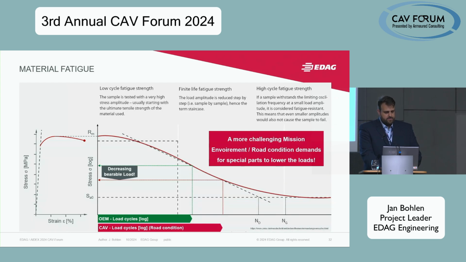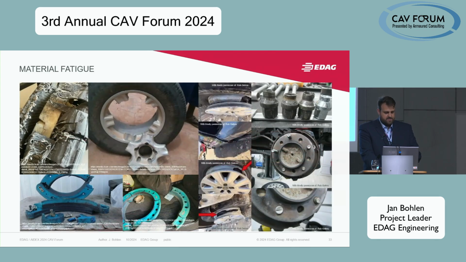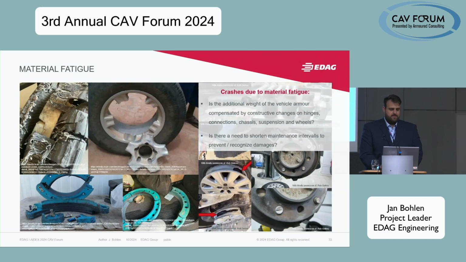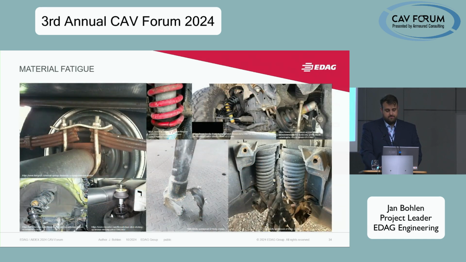But I want to now bring some examples of material fatigue, and I guess the results that come with it are quite obvious. If your tire explodes, if the rim breaks, or if you lose the rim because of broken wheel studs or something, or if you have already a deflated tire and then the emergency run-flat system fails, all of that can lead to fatal secondary accidents and the loss of life in the ultimate end.